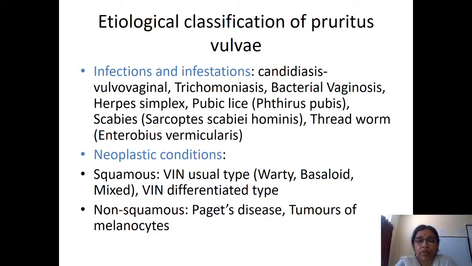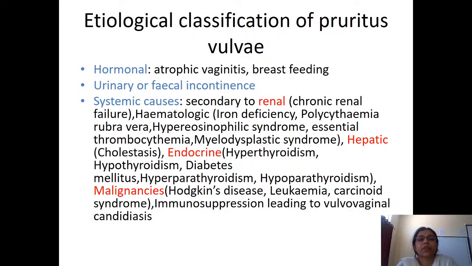And some of the non-squamous conditions like Paget's disease and even some tumors of melanocytes also can present to us with this pruritus. And then we have even the hormonal causes of pruritus vulvae. One is atrophic vaginitis that we usually see in the postmenopausal woman.